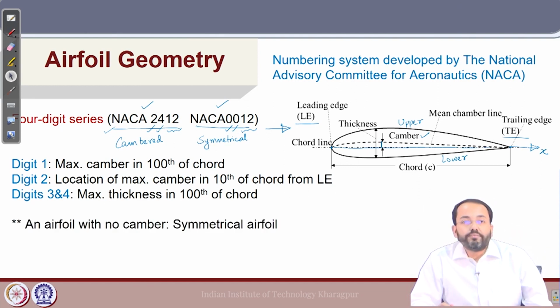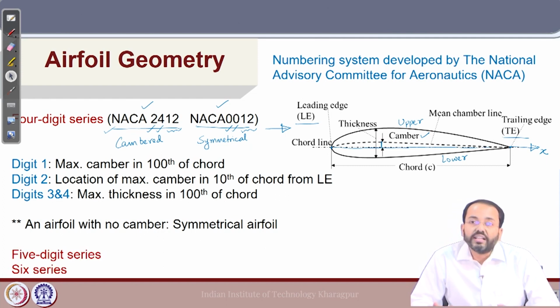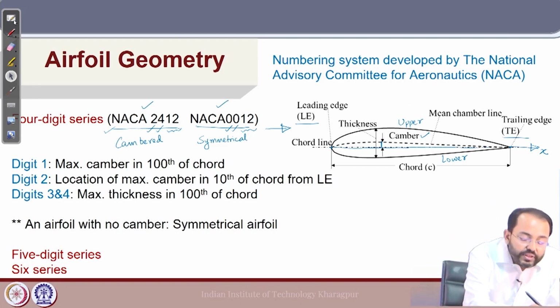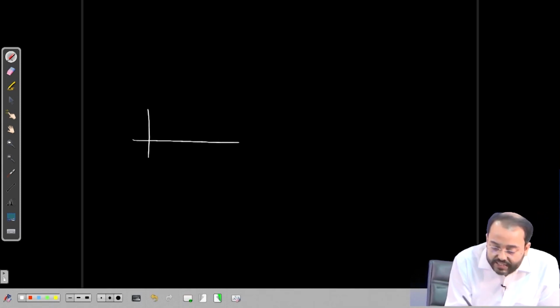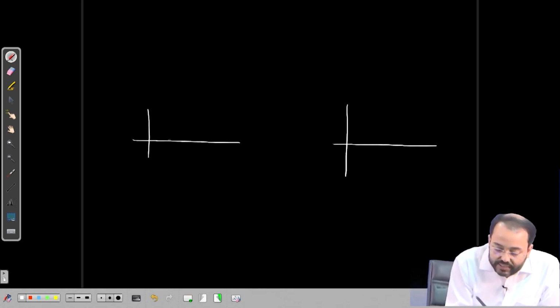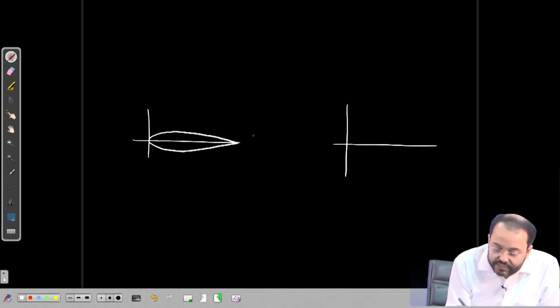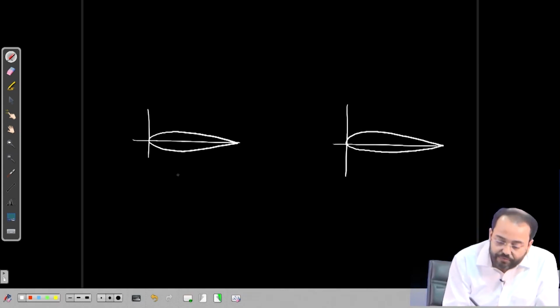Similar to these 4-digit foils, we have 5-digit and 6-digit series of NACA airfoils, and the geometry again depends on the nomenclature for those kinds of foils. Now let us look at the lift characteristics. Let us say we have a symmetric foil and a cambered foil.